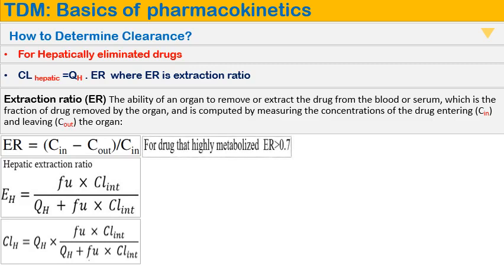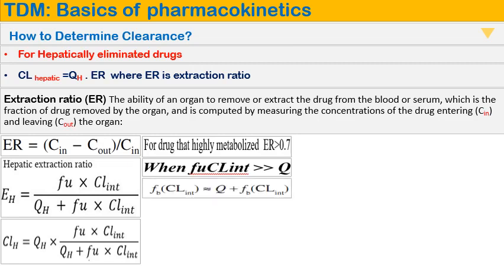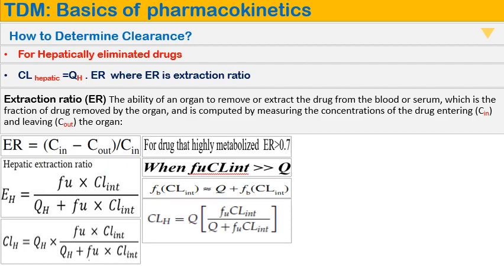We have two issues. If the drug is highly metabolized and the extraction ratio is more than 0.7, that means the fraction unbound multiplied by intrinsic clearance is greatly larger than the hepatic blood flow. So the final equation will be as follows.